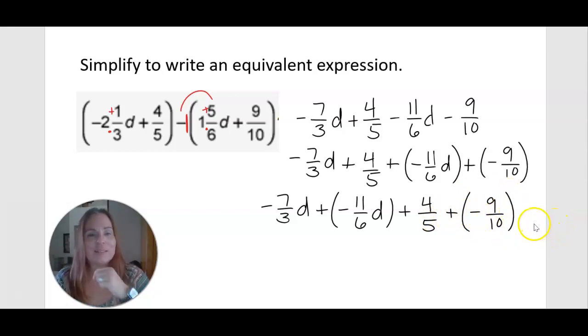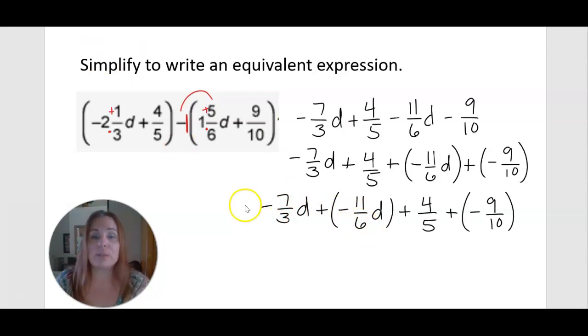All right, getting closer. We need common denominators, right? If I need to add these two d terms together, one has a denominator of 3, the other one has a denominator of 6. I need them to have a common denominator. 6 would be the least common denominator here because they both go into 6.